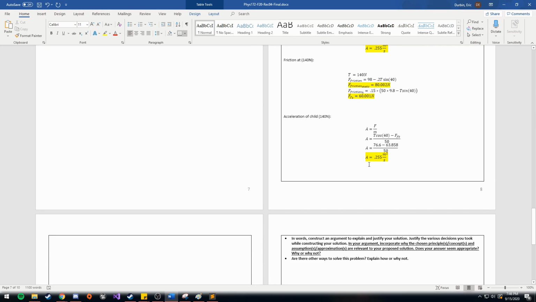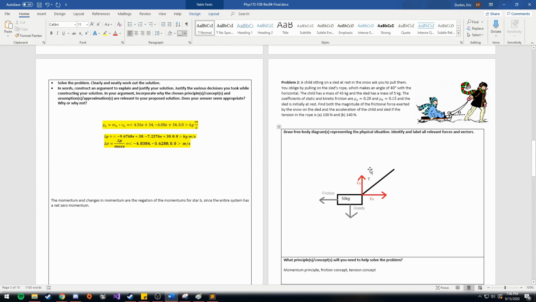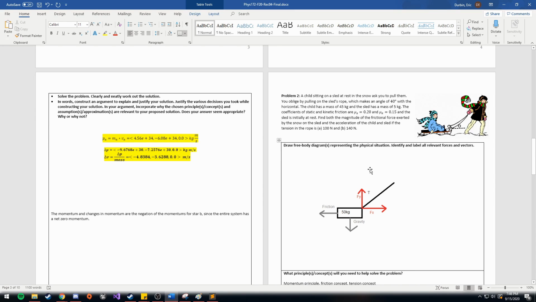I wonder if only the kid undergoes static friction because the kid's not moving in the system, whereas the sled is moving, so it would undergo kinetic. They did that with the boxes, but the acceleration of the child and sled, and then the frictional force on the sled. Even though the sled has a mass of 5 kilograms, the weight of the child is definitely contributing to the weight of the sled.